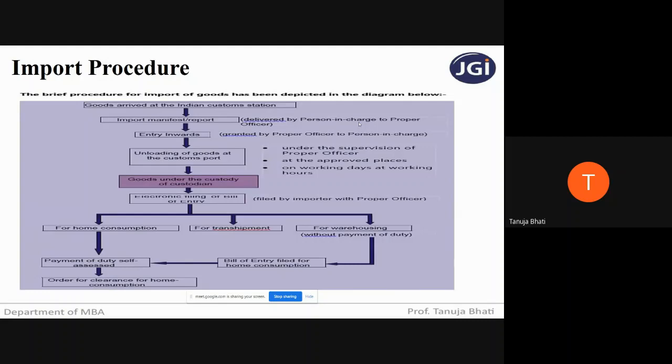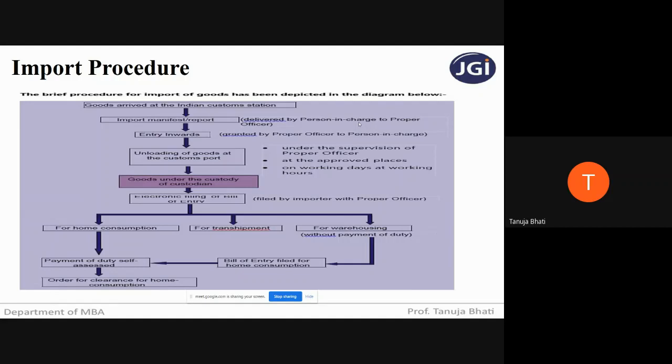Suppose the goods are coming through train, through railway, then the person in charge will be the conductor, the guard, or any other person who is giving the chief direction to the train. So he is called the person in charge.